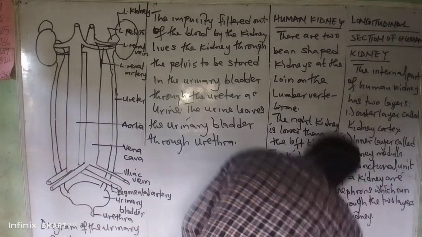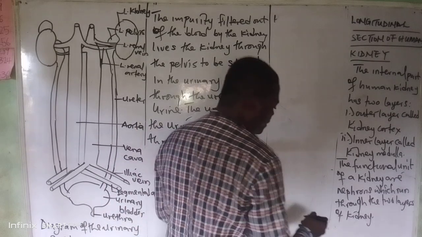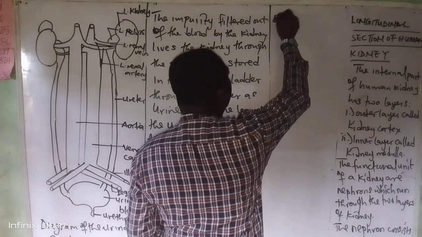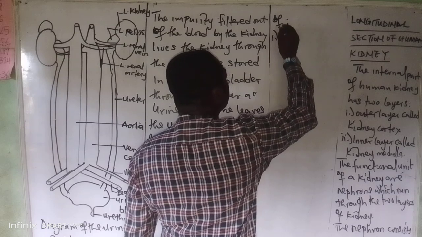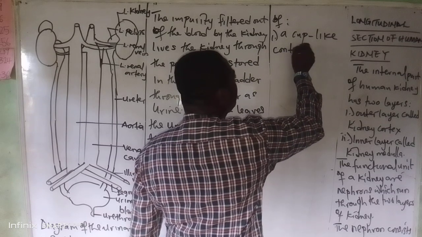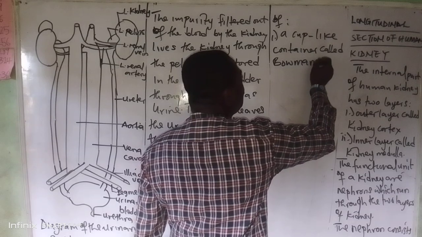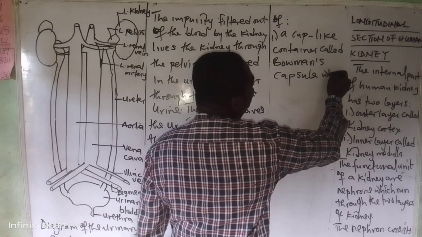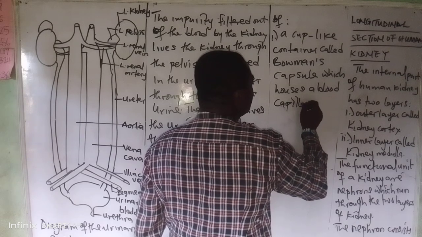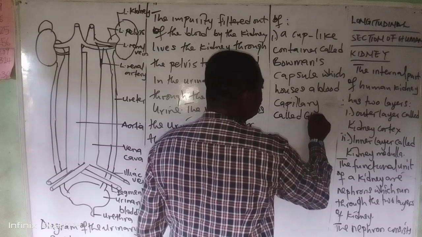So how does the nephron look? Now, the nephron consists of, one, a cup-like container, something that looks like a cup, called Bowman's capsule, which houses a blood capillary formed called the glomerulus.